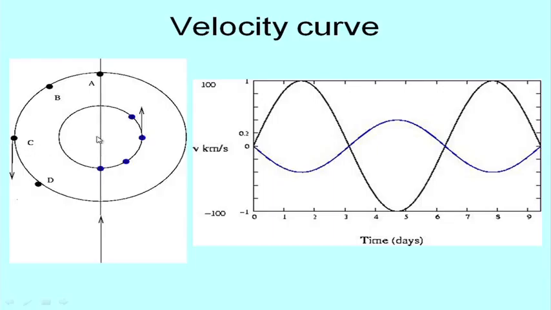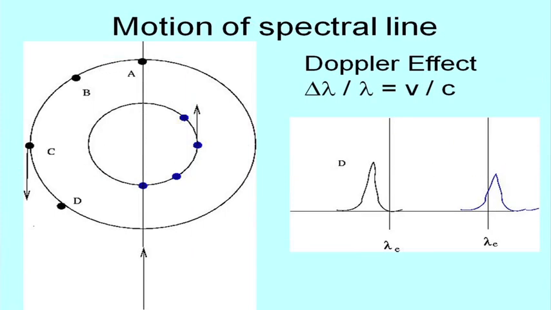We have seen all of this, and in this situation you can make out that even if you cannot make out the two stars, which is usually the situation in a spectroscopic binary, you see them as a single bright object on the sky.